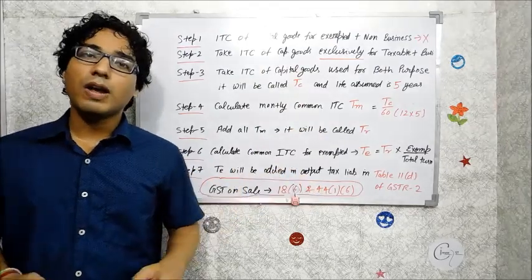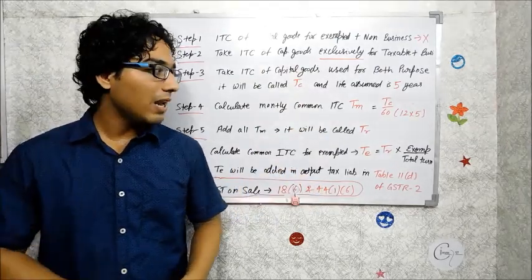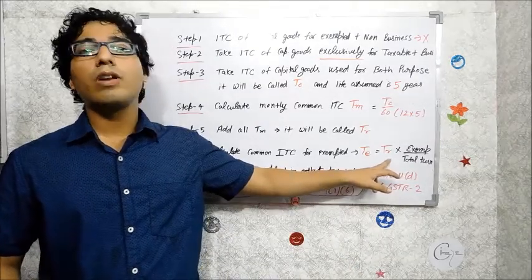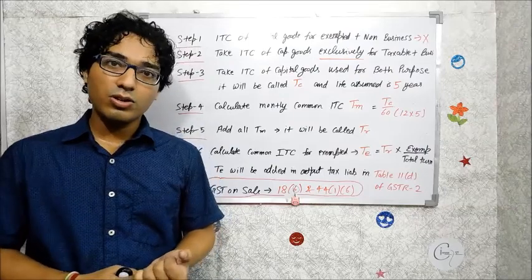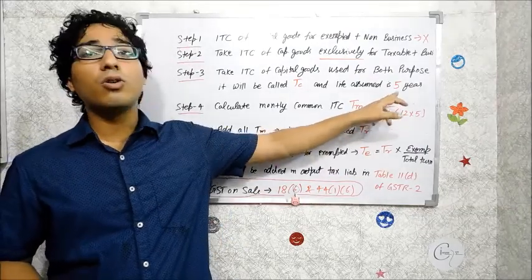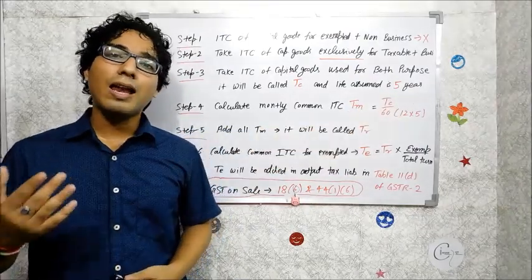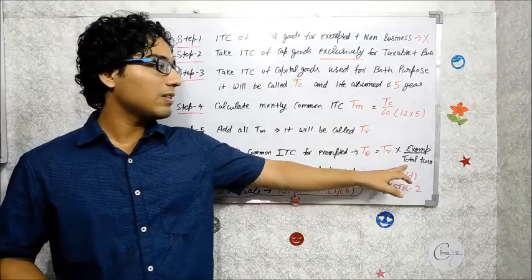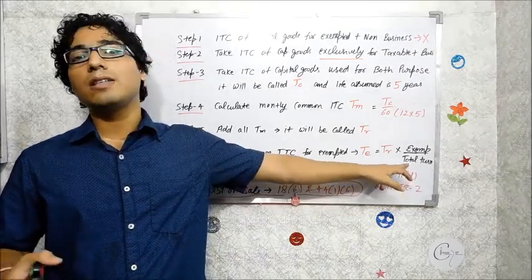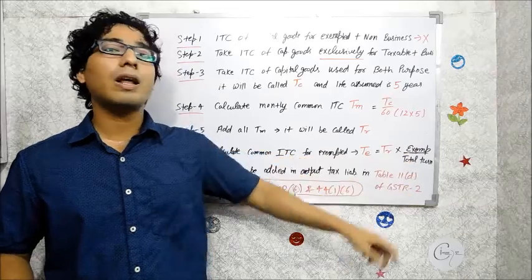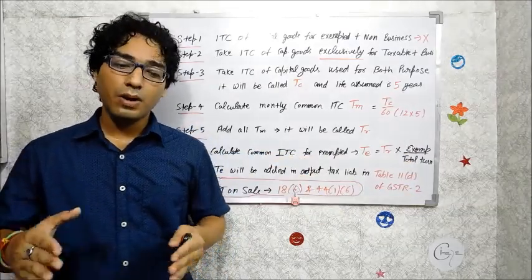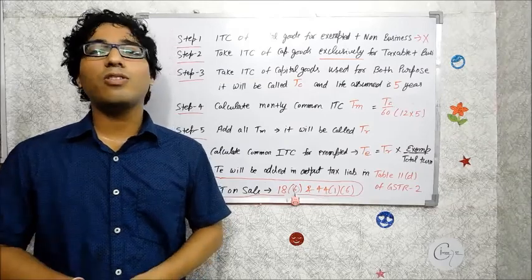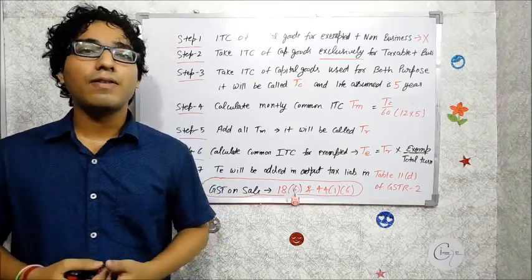And one more important fact: this calculation will be done for every single month till the 5 years. Because the life of assets is assumed at 5 years, you will have to calculate this figure on a monthly basis, and that figure will always change because the monthly turnover and the exempted turnover of that month will obviously fluctuate. So therefore you have to calculate this for every single month.